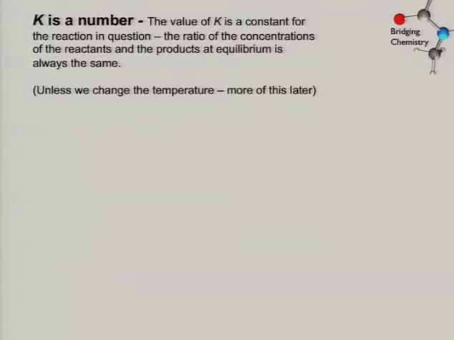So unless you change the temperature, that value of K applies regardless of the amounts or the concentrations of stuff that you start with in your reaction. When it reaches equilibrium, regardless of what those actual concentrations are, that ratio of them will always equal that number.